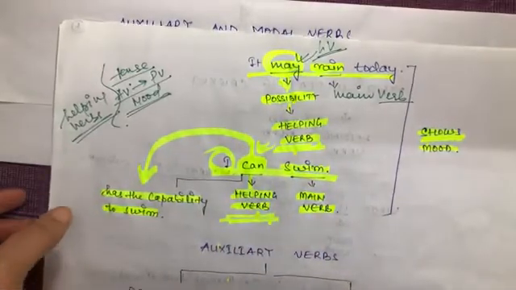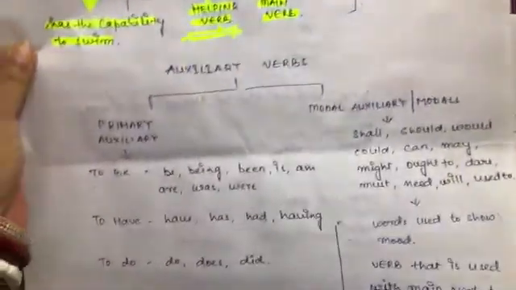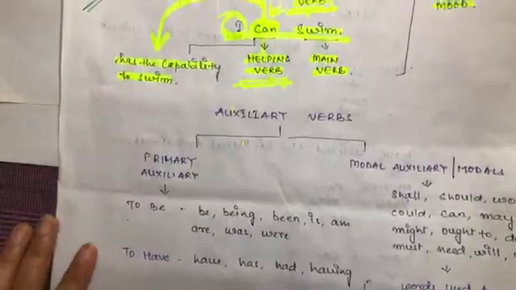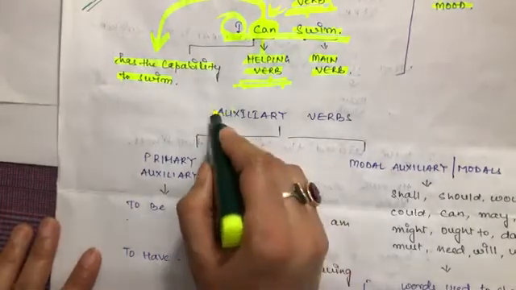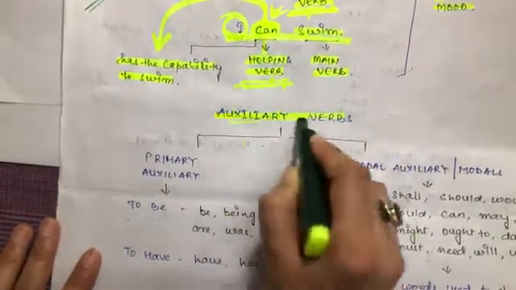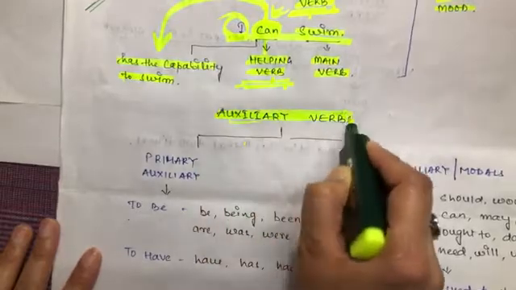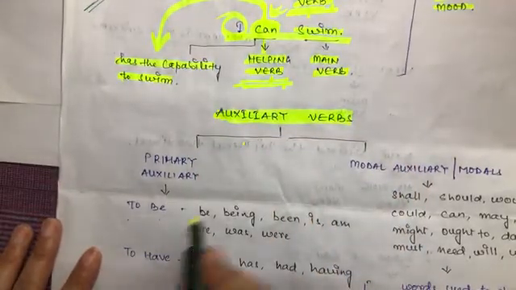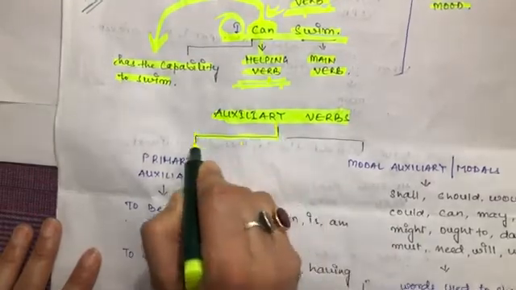Now we'll take this up in a more broader perspective. Auxiliary verbs. We are taking auxiliary verbs first, then I will take up modal verbs. Auxiliary verb is divided into two parts.